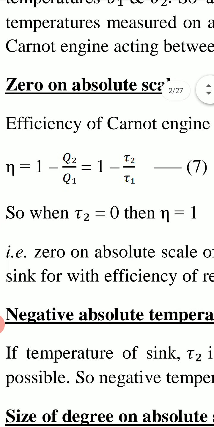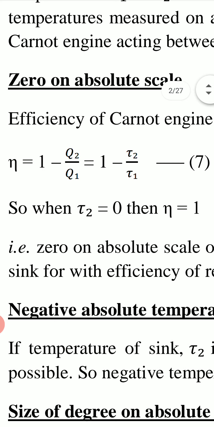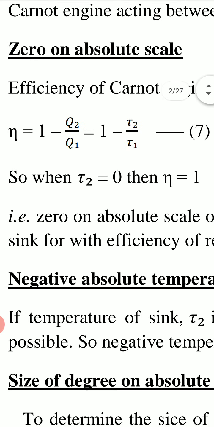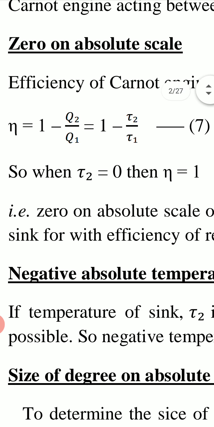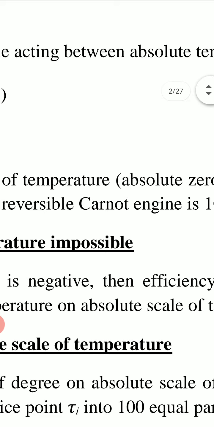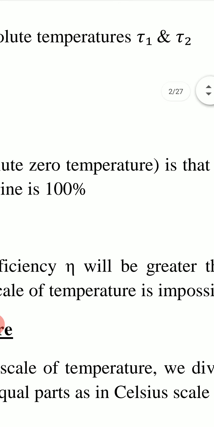So this efficiency eta will become 1 only when tau 2 is 0. So when tau 2, the temperature of the sink, is 0, then the efficiency of this Carnot engine will become equal to 1, that is 100%. So now we can define 0 on the absolute scale of temperature, and it is known as absolute zero temperature.